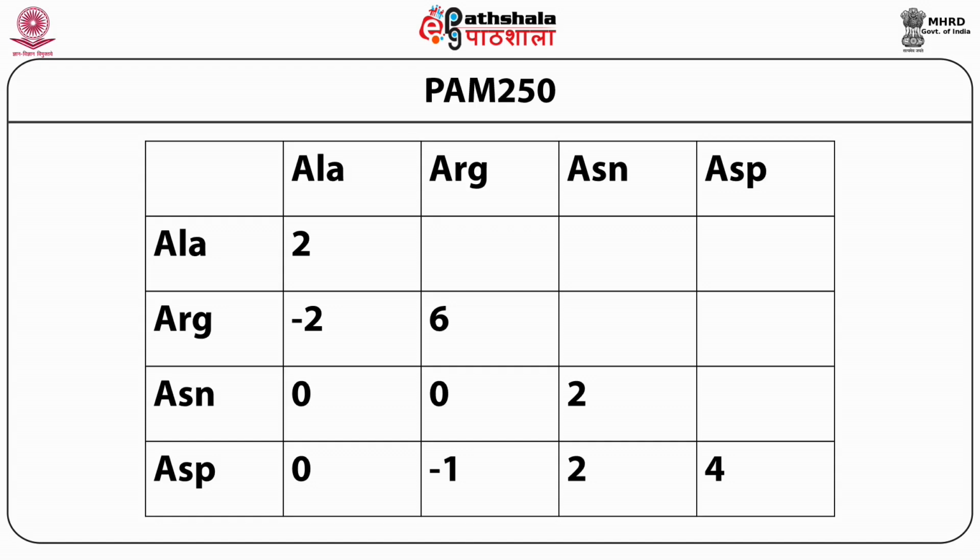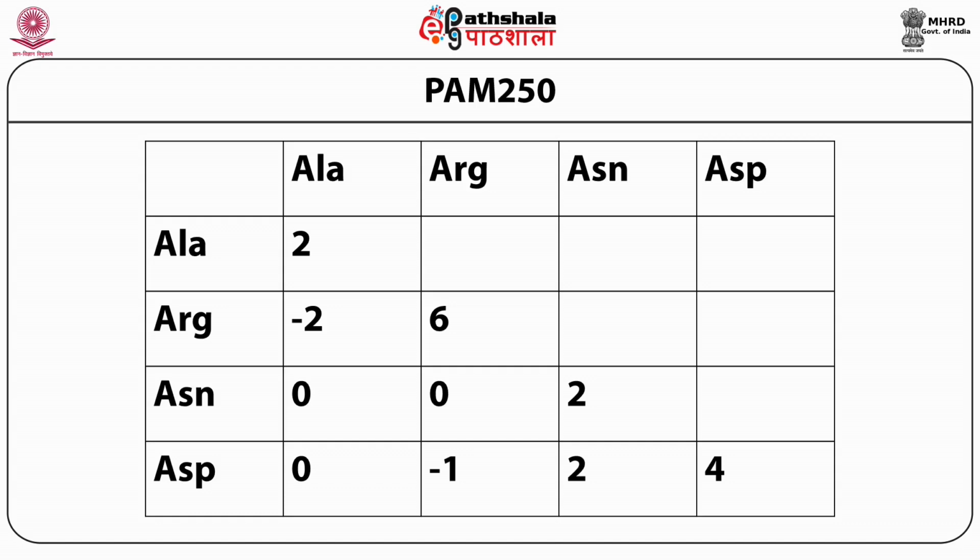But arginines, whenever they are there, generally tend to be much more conserved. So if an arginine is replaced, there is a big penalty to be paid. So when an arginine matches another arginine, there is a larger score. The polar and large arginine amino acid is very unlikely to change to a small and hydrophobic alanine.